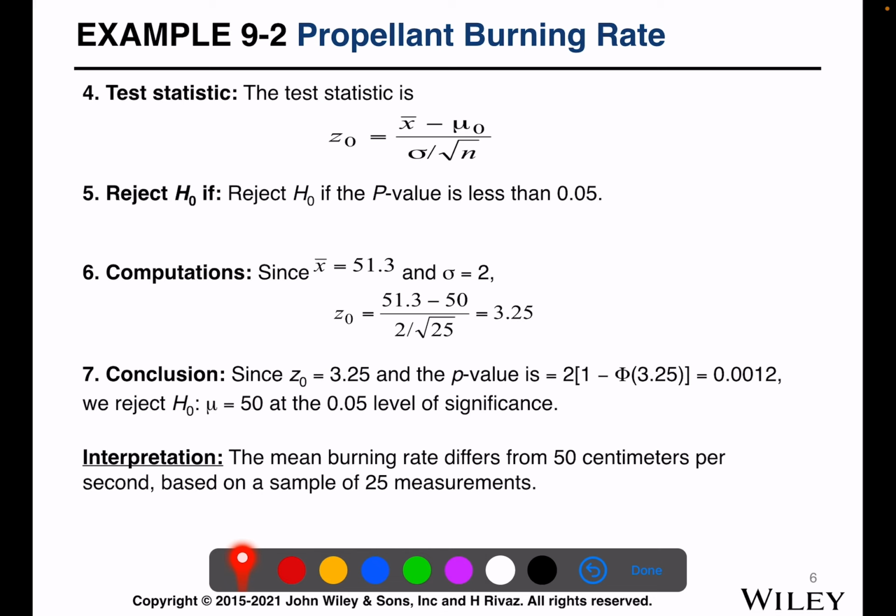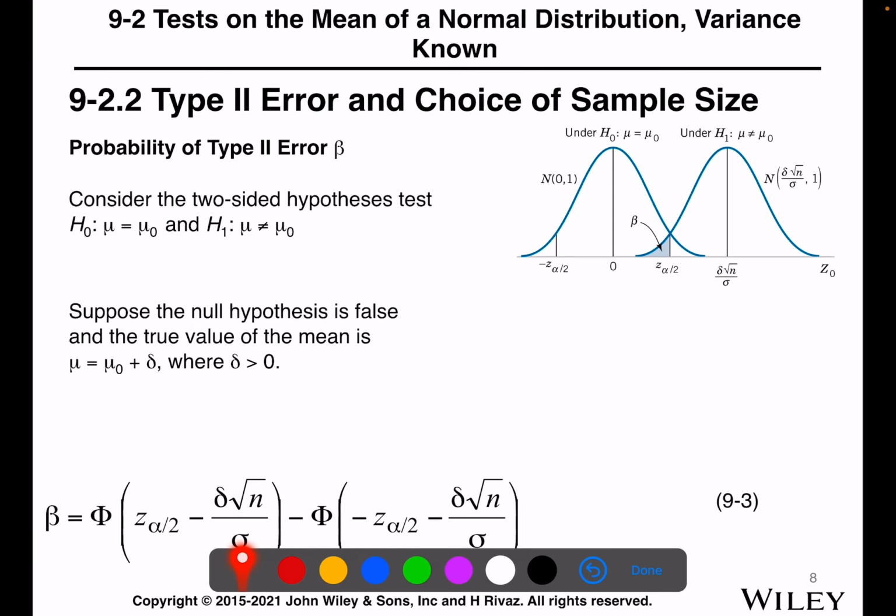Okay. Now let's talk about the type 2 error. As I said before, type 2 error in real life is much more complicated to calculate because you should know what your actual mean is, or you have to assume. This is your null hypothesis: you assume your mu was actually mu 0, and your alternative hypothesis is that mu is not mu 0, with a little bit of difference, which is delta.